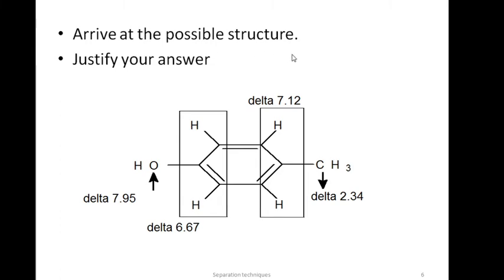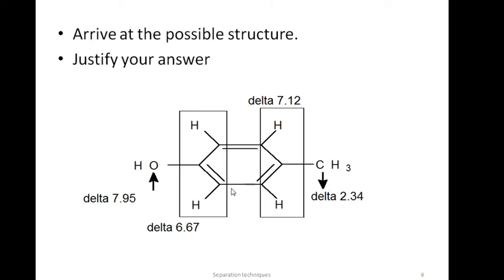Now we are supposed to arrive at the possible structure. The possible structure will become like this. There are different possibilities. You may have a para substituent, an ortho substituent, or a meta substituent. But if you had an ortho substituent, just imagine CH3 was here and you had this OH and CH3 here, you would have 4 protons on this side.